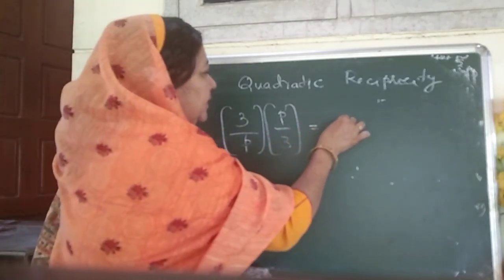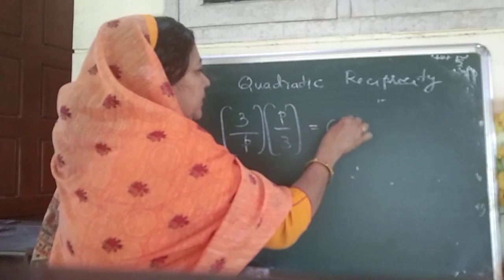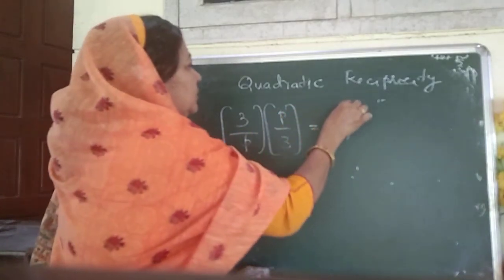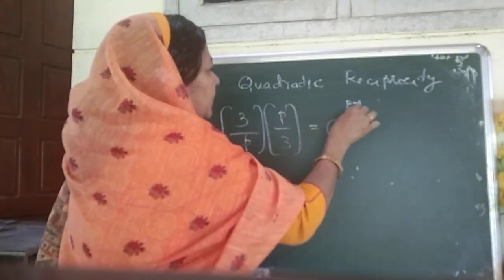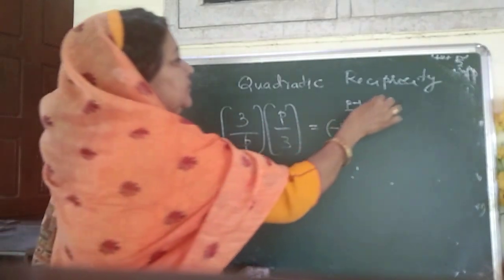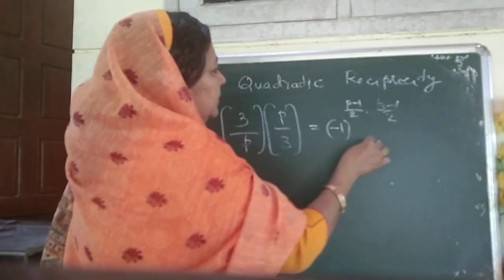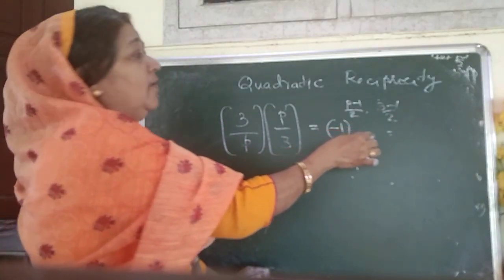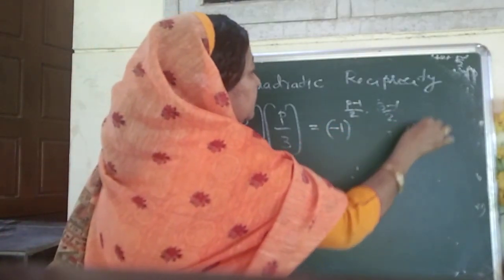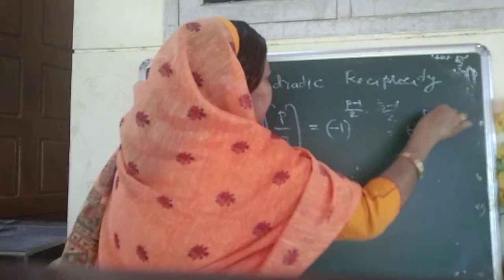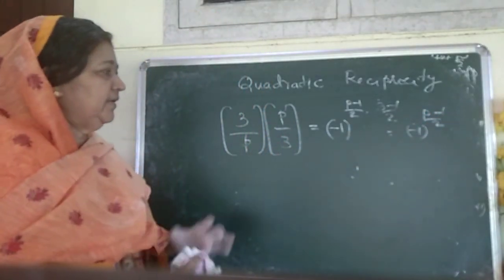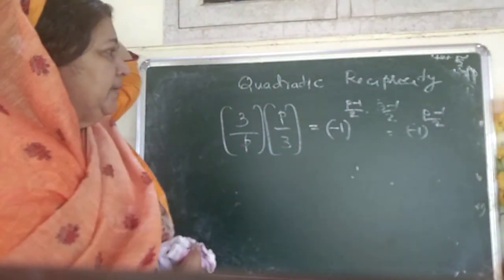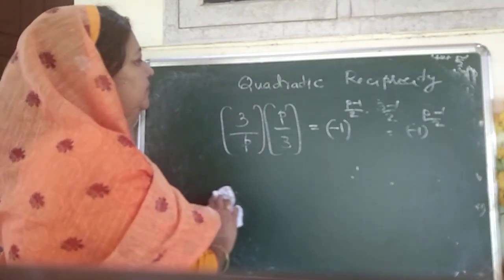So (-1)^(((p-1)/2)((3-1)/2)), and (3-1)/2 is 2/2, that is 1. Therefore it is equal to (-1)^((p-1)/2). So we get (3/p)(p/3) equals (-1)^((p-1)/2).